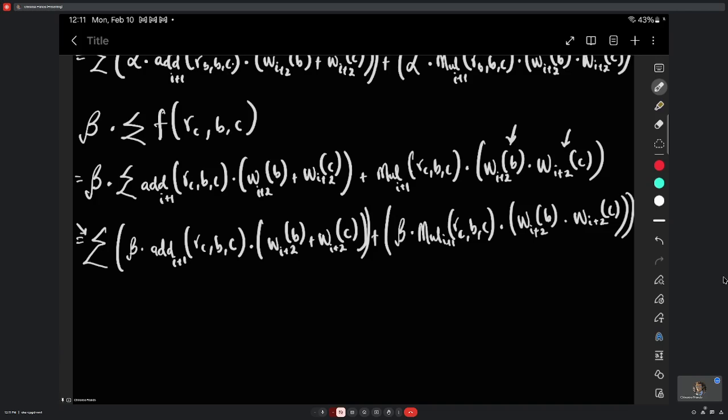The solution is that what the prover will now need to give to the verifier will just be WI plus 2 evaluated at B and WI plus 2 evaluated at C. Okay, the evaluation, not the polynomial. So the verifier doesn't need to know the polynomial. Let the verifier know the input, exactly.